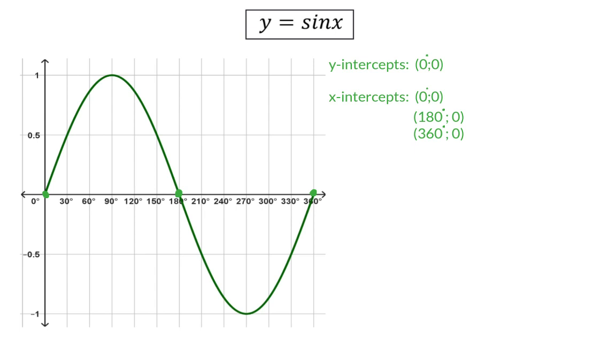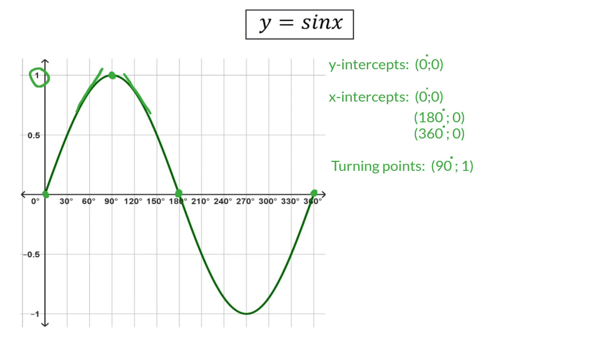And then to form the curve or the wave, this graph, just like a parabola, has turning points, where the graph changes from an increasing or positive gradient to decreasing. The first turning point is at 90 degrees, and here we have the maximum value for the graph at y is 1.